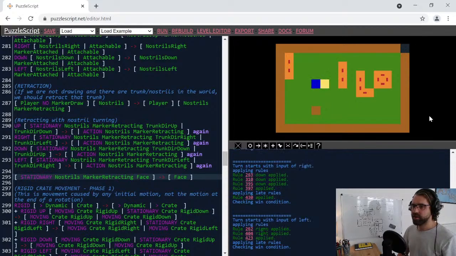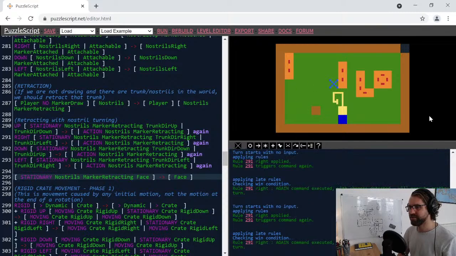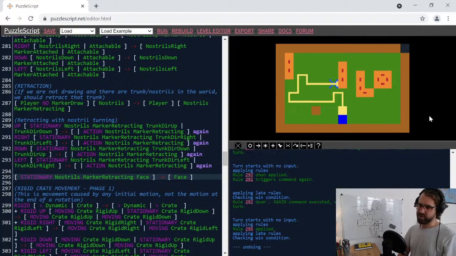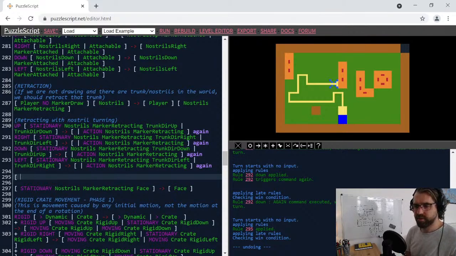So retracting. What I might do though is make it so that it does turn the right way if it's not attached to anything, because otherwise it just looks weird when it's coming along there. Did I do that? Let's do that. What would be the best way to do it? Just to rotate it based on what the remaining trunk is that's there. So, do I need a directional thing?